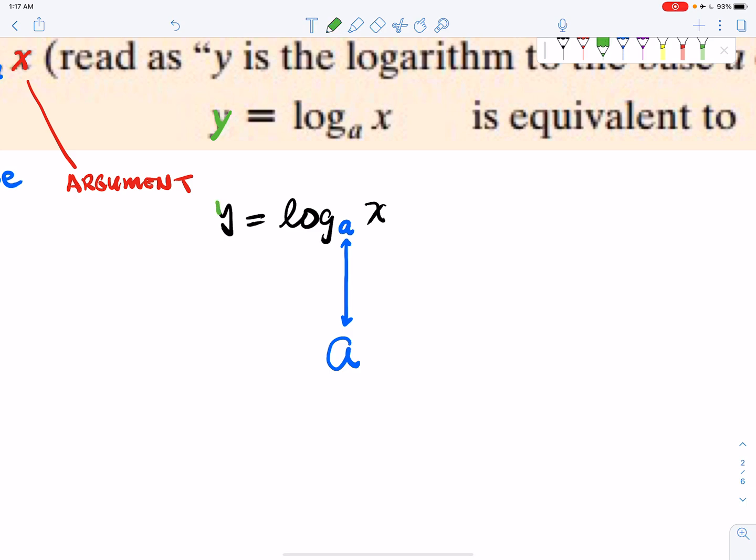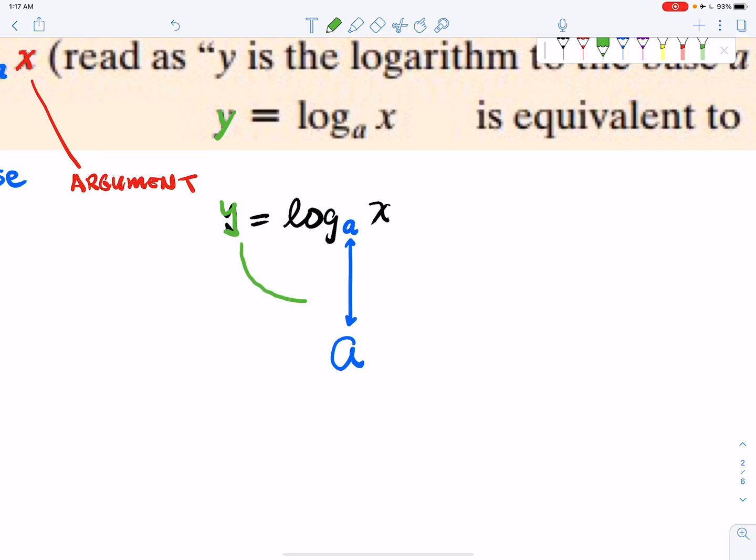The y value that we called the answer in logarithmic form is also called the power in its exponential form. You can put the x on either side. I'm going to put it here because then it's convenient to show with arrows that the argument goes right here.